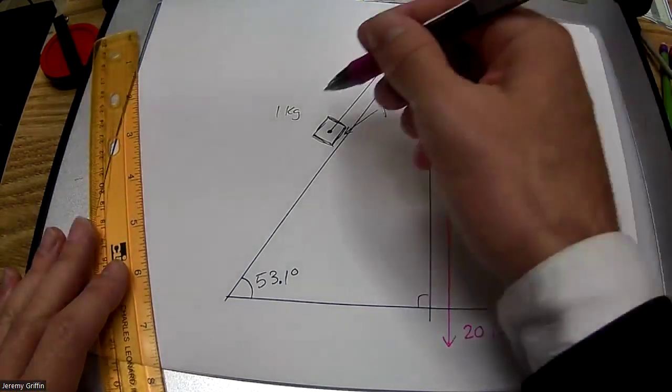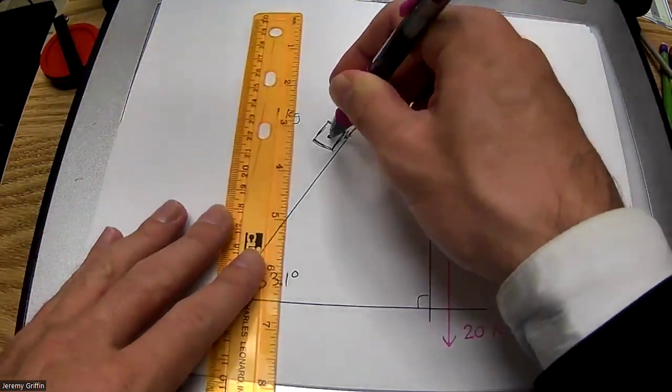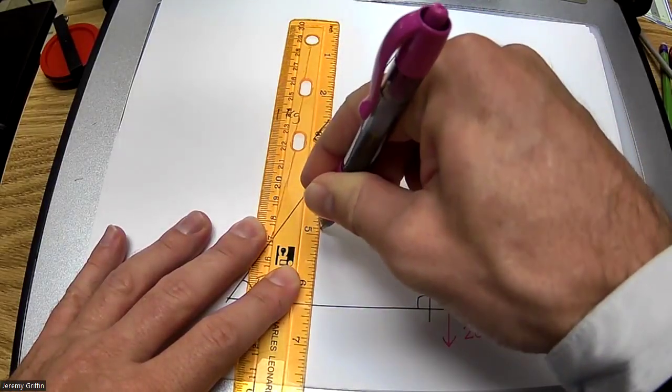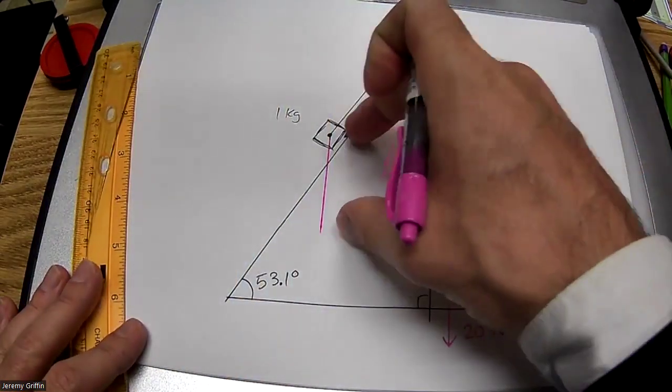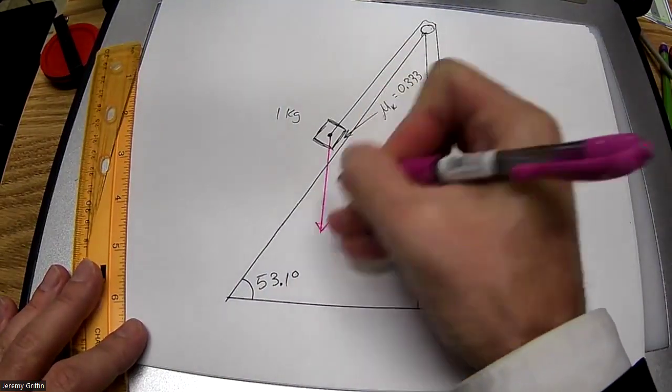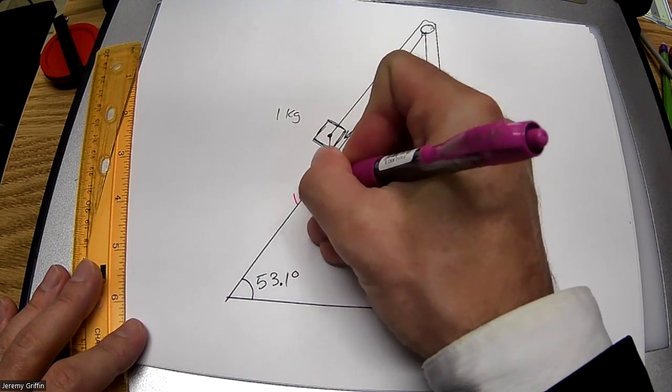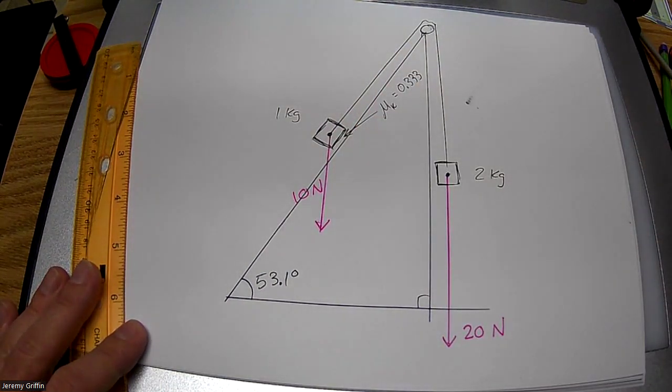How much does this guy weigh? 10 Newtons. And if you draw everything to scale, that should be about half the length, because 10 Newtons is half of 20 Newtons. I'll try to get pretty close. So that'd be a 10 Newton force right there.